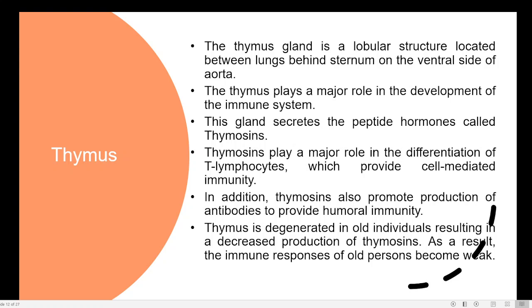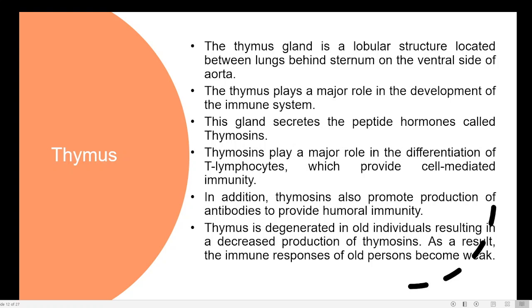And thymosin also promotes production of antibodies to promote humoral immunity. So there are basically two different types of immunity. One is cell-mediated immunity, which is controlled by lymphocytes. Another is humoral immunity, controlled by your antibodies. So that is the second type of immunity, and thymosin also plays an important role in producing antibodies. The immunity provided by antibodies is known as humoral immunity.